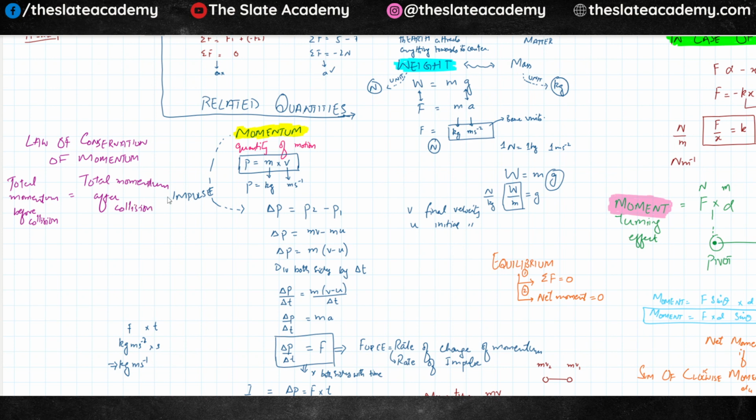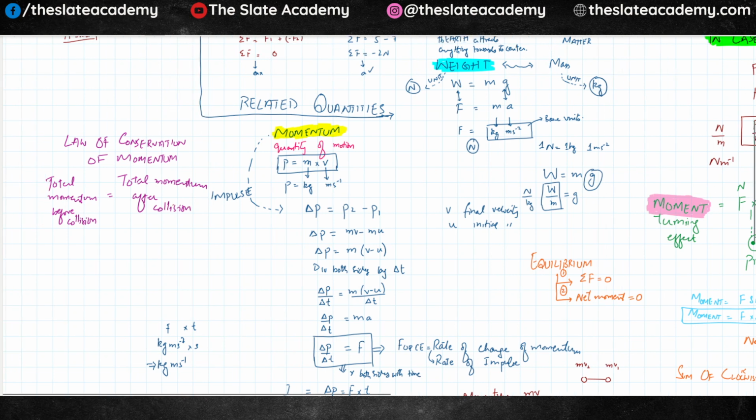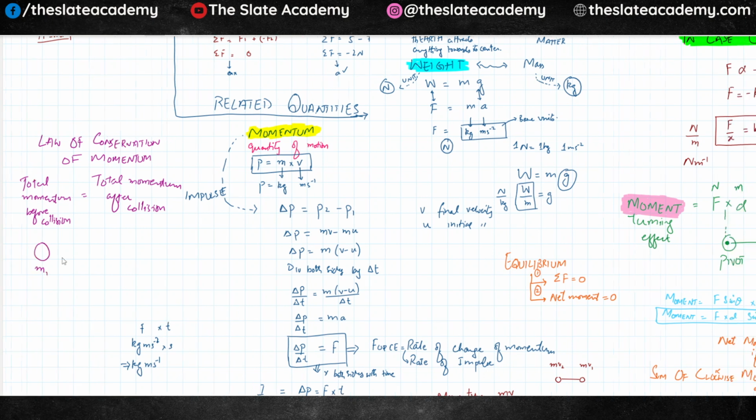Okay. So, sir, if I were to draw a case example for this one, here are your two bodies, M1 moving with a velocity U1. It goes on and collides with M2 moving with velocity U2.